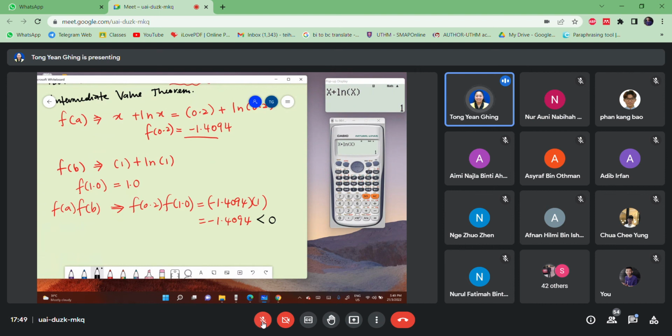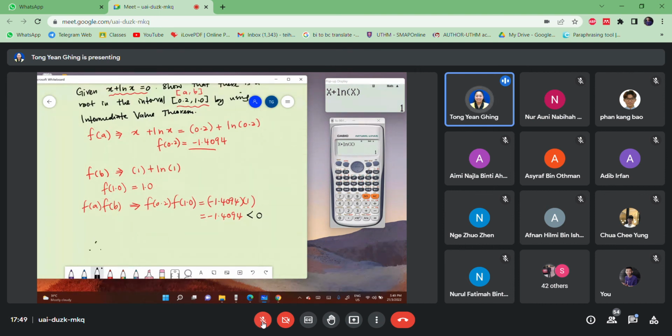Therefore, there is at least a root in the interval 0.2 to 1.0. Can you understand or not?